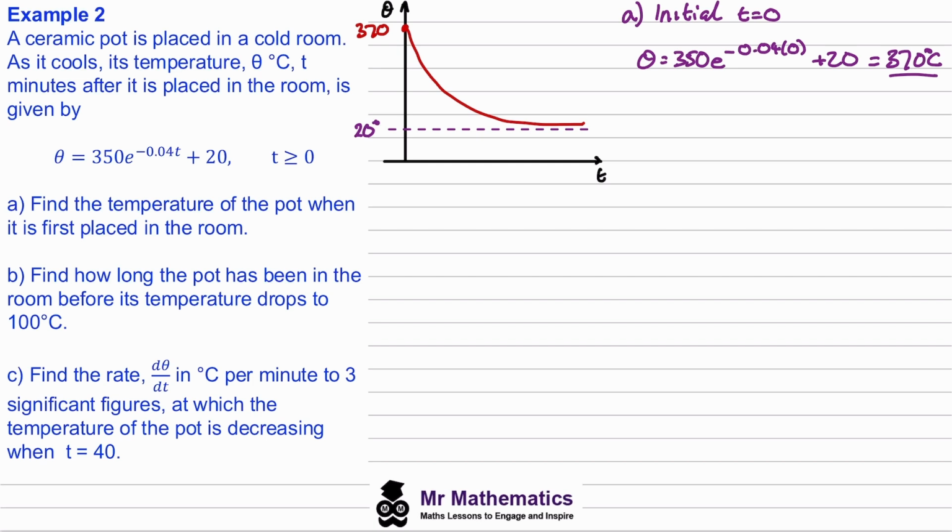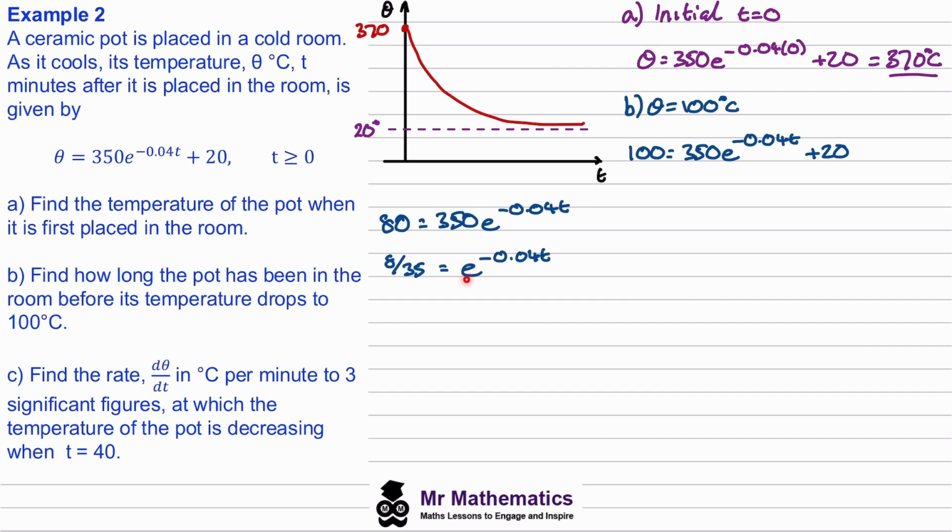Okay, so for part B, find out how long the pot has been in the room before its temperature drops to 100 degrees. So now we need to set theta equals 100. We'll substitute this into our model, and then we'll solve the equation for t. We'll move this addition of 20 to the left-hand side, and then we'll divide both sides by the 350.